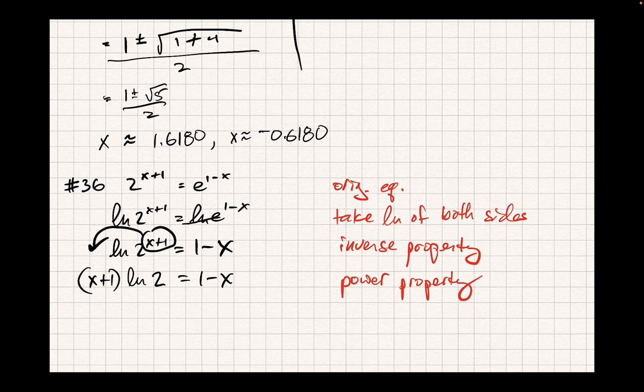What did you do? Then I divided by x plus 1. I would not like to divide by x plus 1 at this point. You want to distribute it. I would like to distribute it. For what reason?